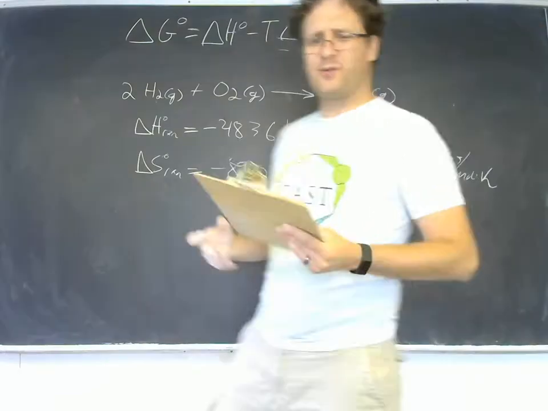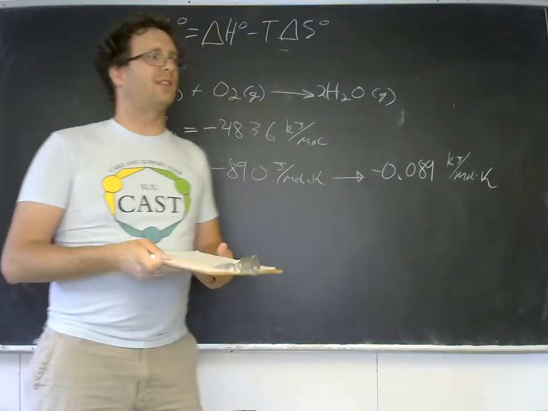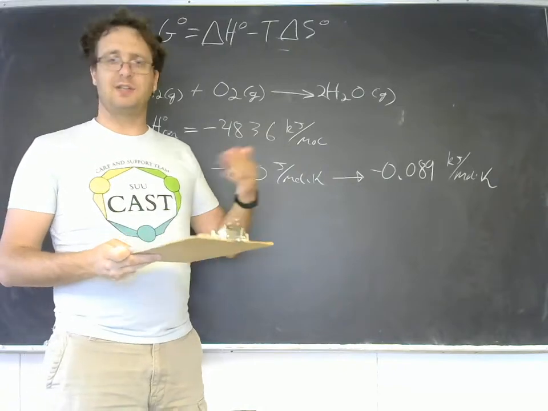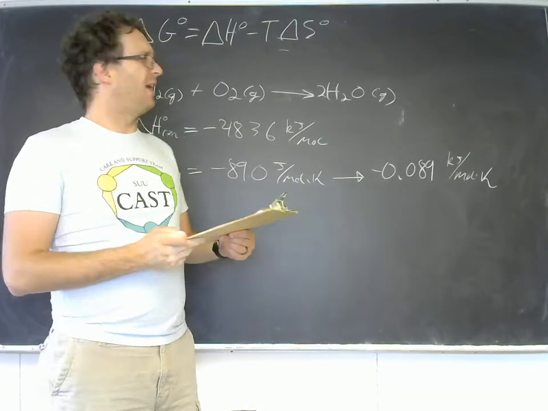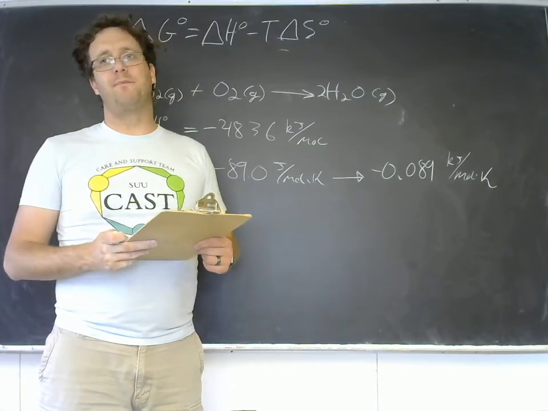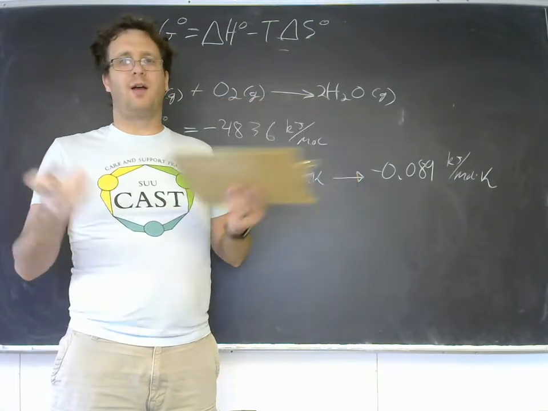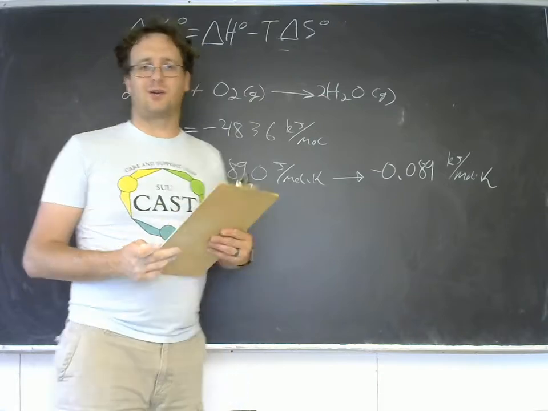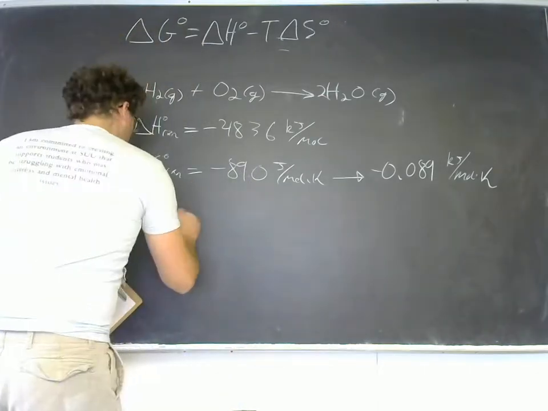And furthermore, we remember that it's spontaneous at those low temperatures. It was very spontaneous at room temperature. And then it was non-spontaneous at 5,500 Kelvin. So we know that somewhere in between those, it's got to make the crossover. Let's figure out what it is. What's our T threshold?